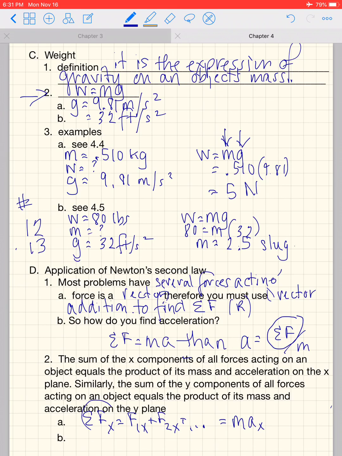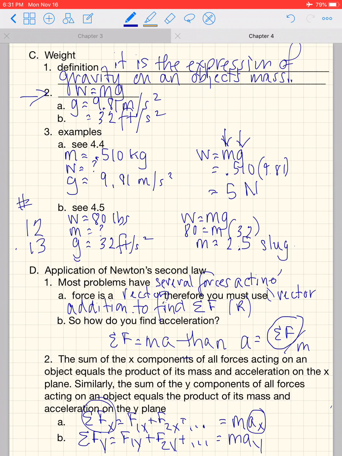So the sum of my x components of force are going to create an x acceleration, or acceleration on the x-axis. Similarly, sigma F sub y is equal to F sub 1y plus F sub 2y plus dot, dot, dot is equal to m a sub y.